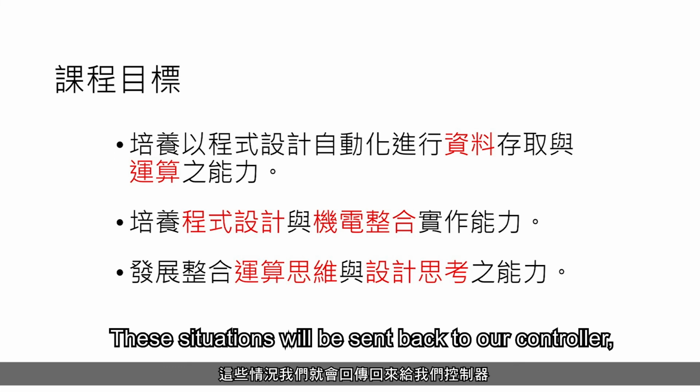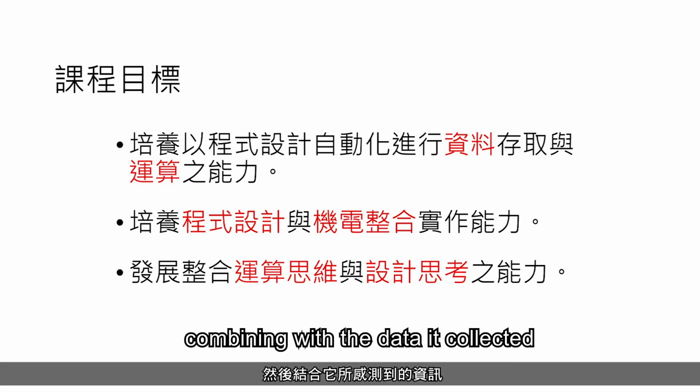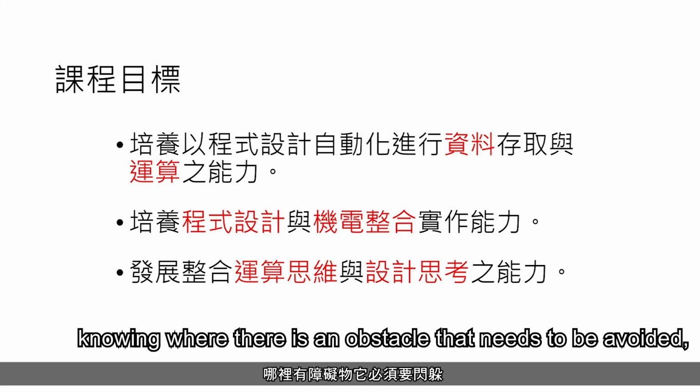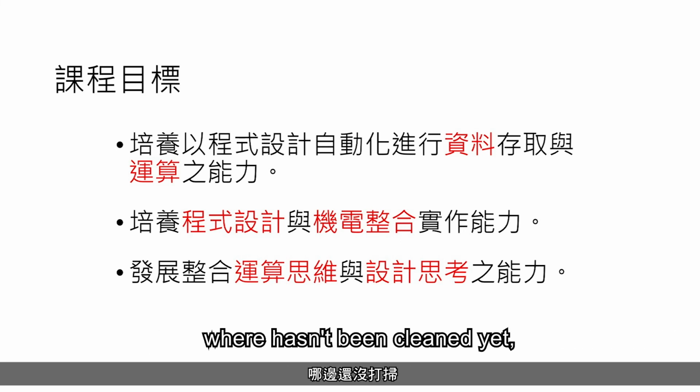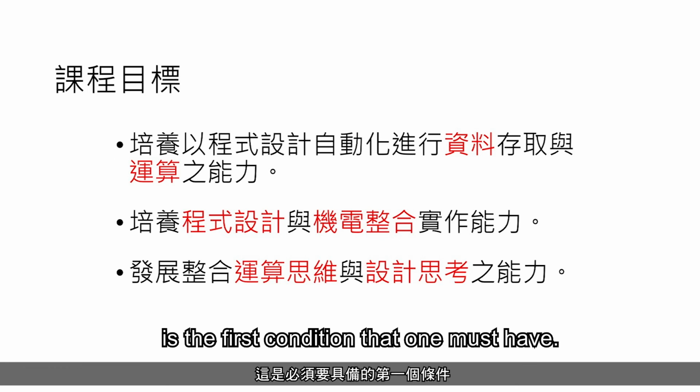These situations will be sent back to our controller, and then the controller will clean according to its initial command input, combining with the data it collected to perform its cleaning task, knowing where there is an obstacle that needs to be avoided, and where hasn't been cleaned yet, which needs to be cleaned up. So this is the ability for data processing and calculation. It's the first condition that one must have.